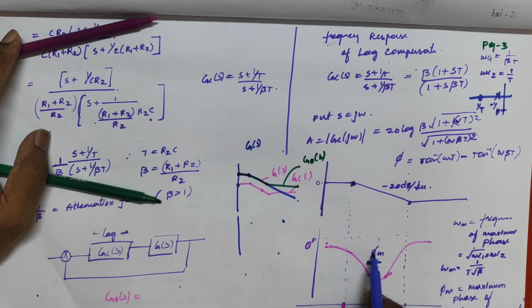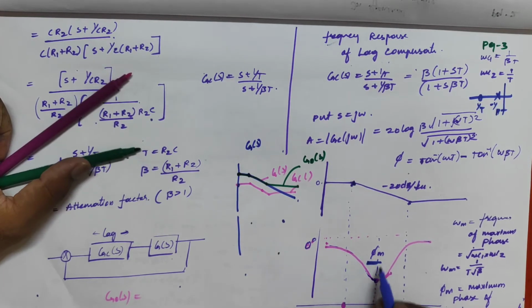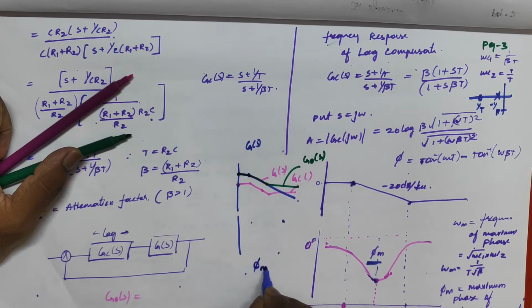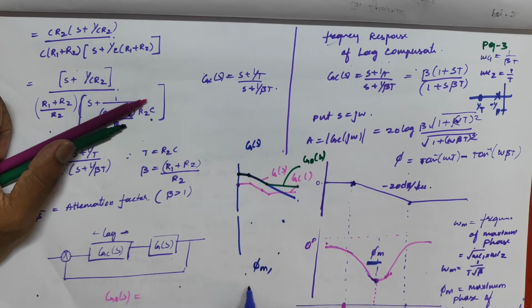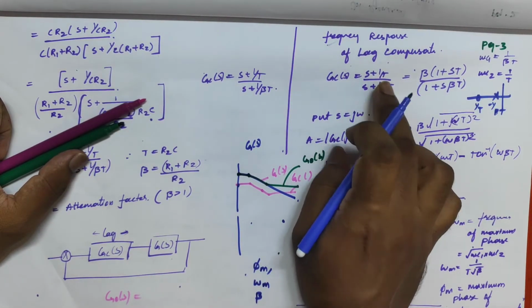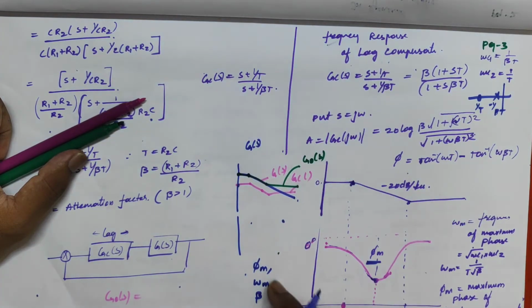The frequency at which it occurs is the geometric mean of these two corner frequencies. In this lag compensator, we mainly need to find the maximum phase angle phi m, the frequency omega m at that phase, and the beta value. Then we will get this function.